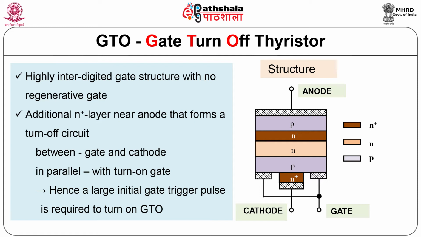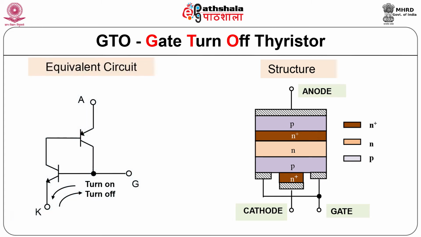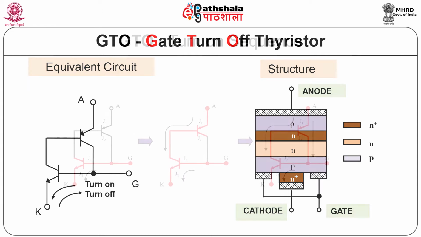Because of that, a large initial gate trigger pulse is required to turn on the thyristor. The symbol of the thyristor is like SCR. If you see the structure, as already shown, it has a P N plus N P N structure.